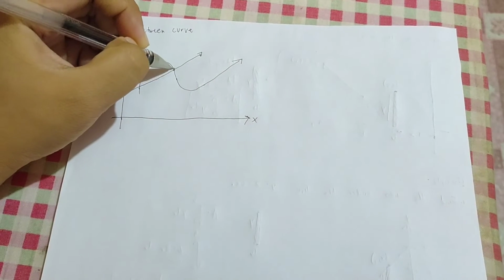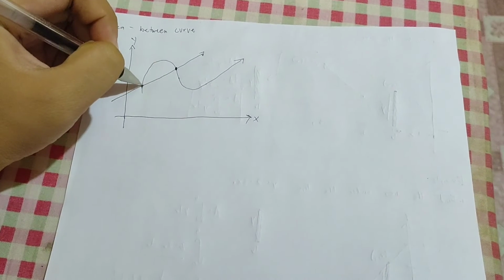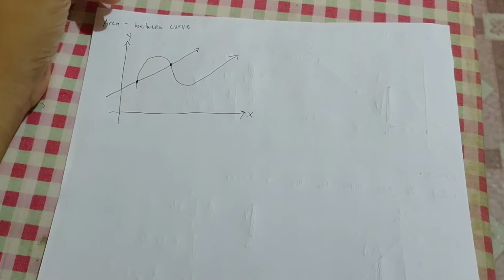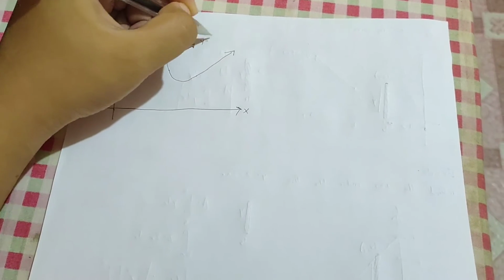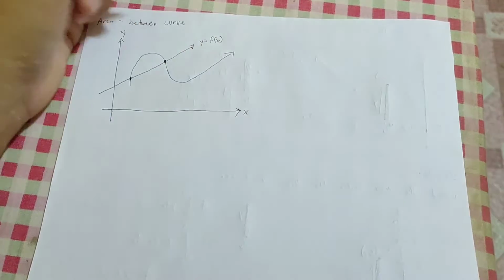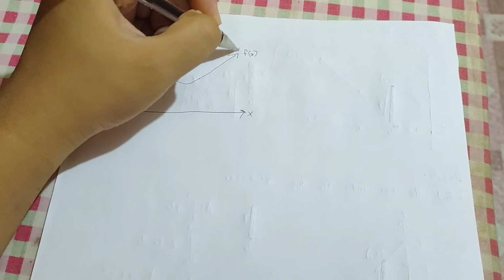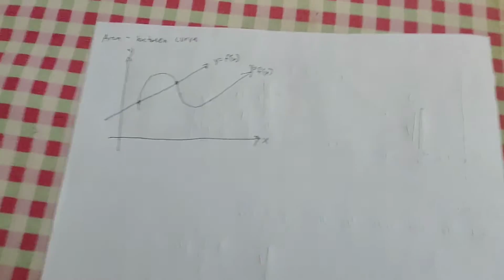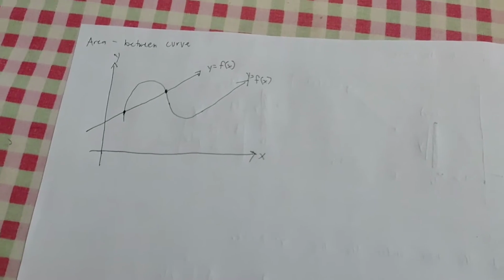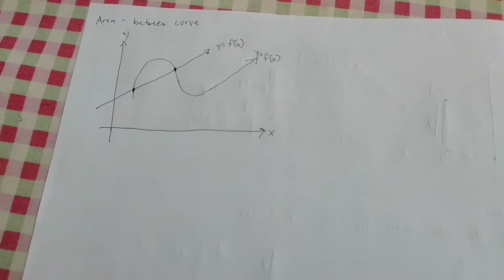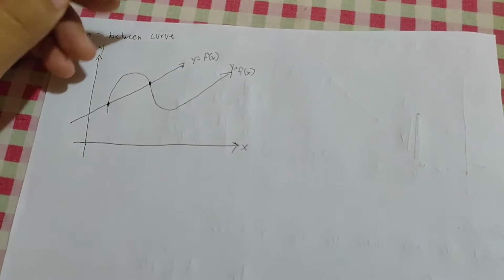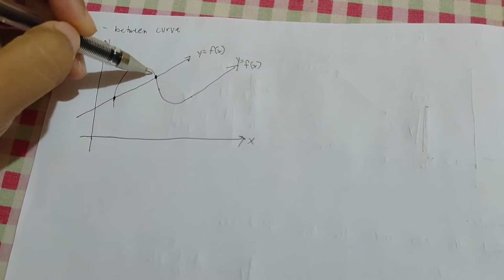This would be the point and the other point. This is y equals f of x. This will be our area of interest.